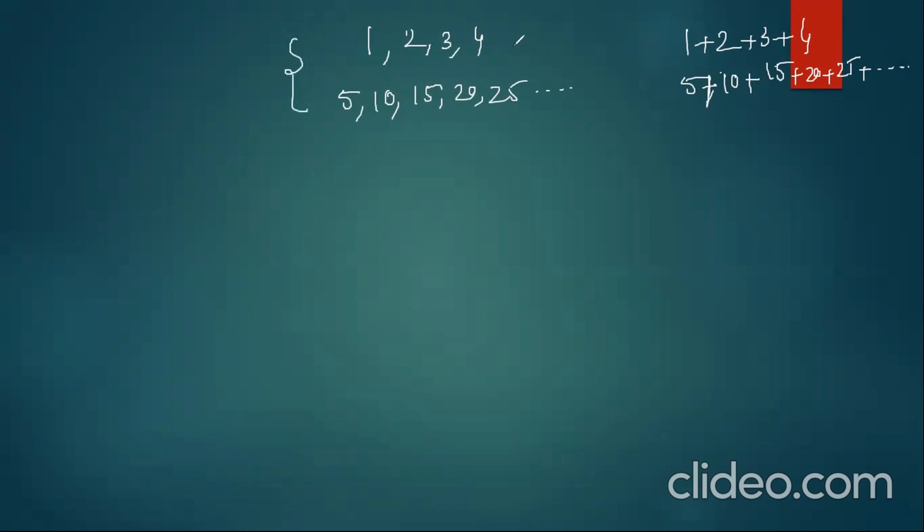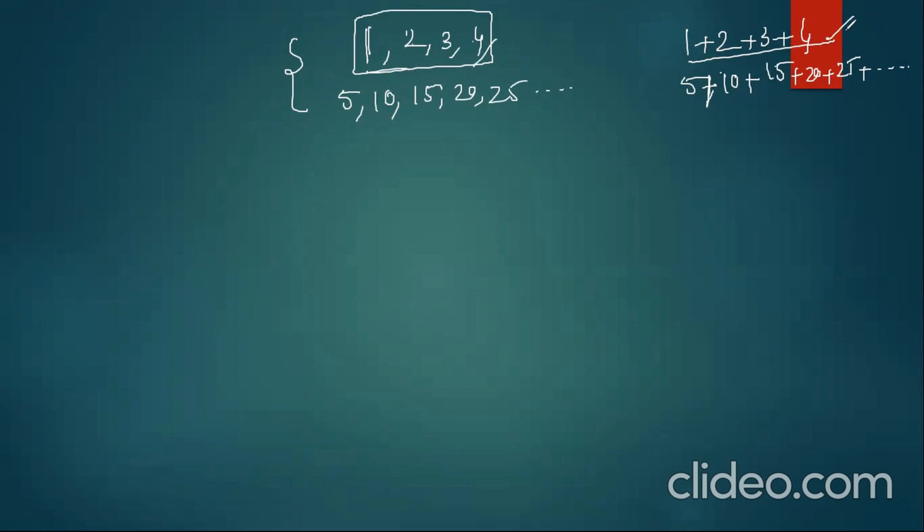If you observe, here there are finite terms, and in this also there are finite terms. So we can call this a finite sequence, and this a finite series, because the numbers stop, that is, they are limited.